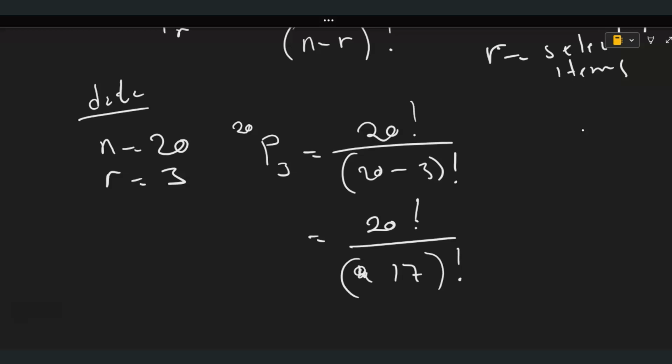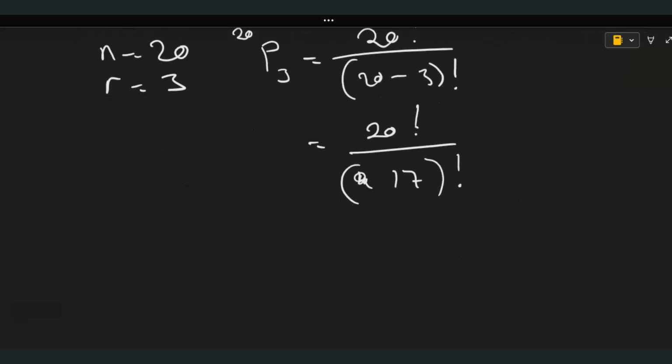Now to expand this, 20 factorial means 20 times 19, multiplying every lower number from the 20. So 20 multiplied by 19 multiplied by 18 multiplied by 17 up to 1. 17 factorial means multiplying 17 by all the other lower numbers.